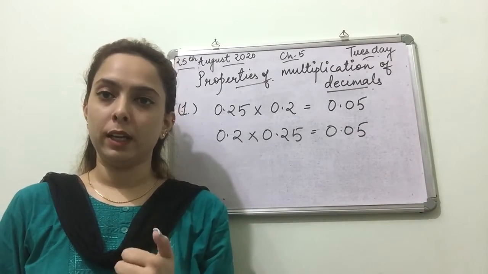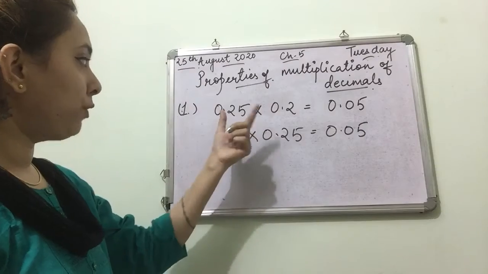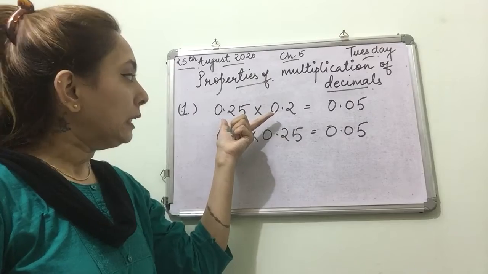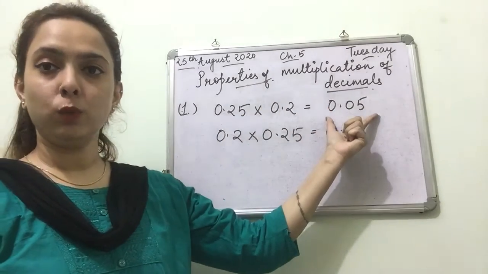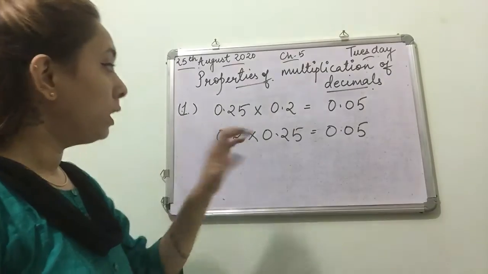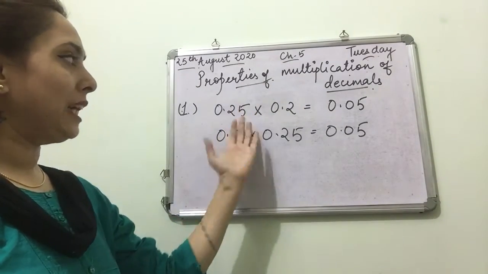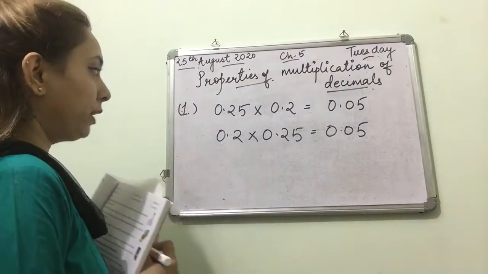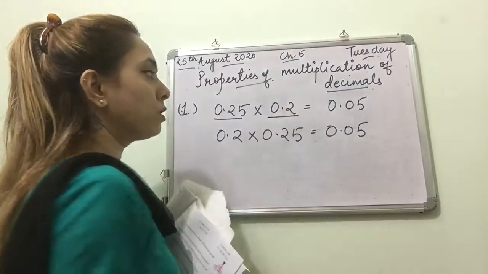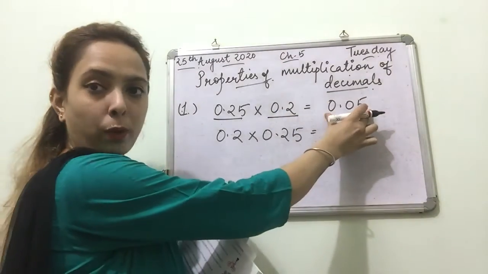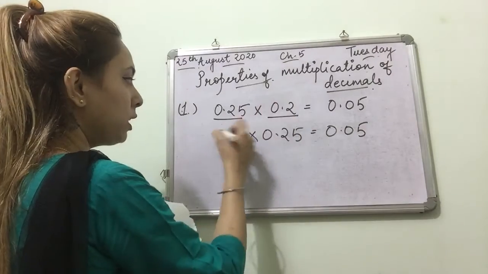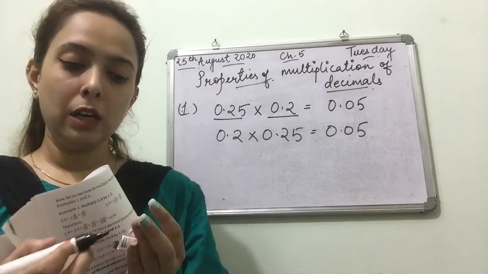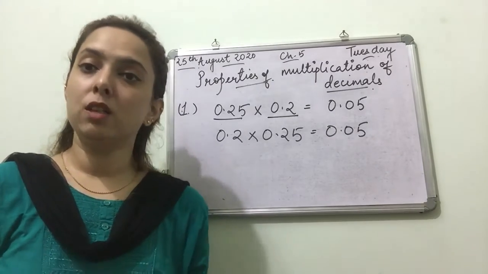The first property is if we are multiplying two decimals, whatever product you are getting, if we reverse the order of those decimals, suppose here I have written 0.25 and here I have written 0.2, your answer is 0.05. I have reversed the order, 0.2 multiplied by 0.25. Your answer will remain the same. This is the first property.